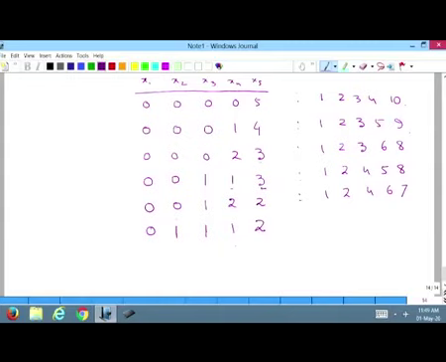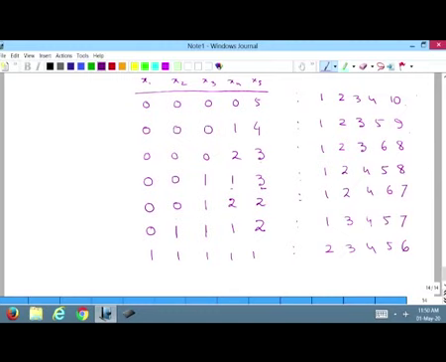So that makes it 5, and the corresponding solution is 1, 3, 4, 5 and 7. And finally, we get 1, 1, 1, 1 and 1, and the corresponding solution is 2, 3, 4, 5 and 6.